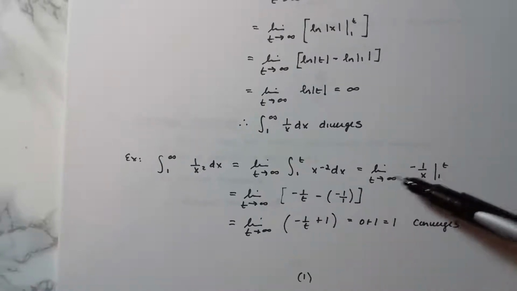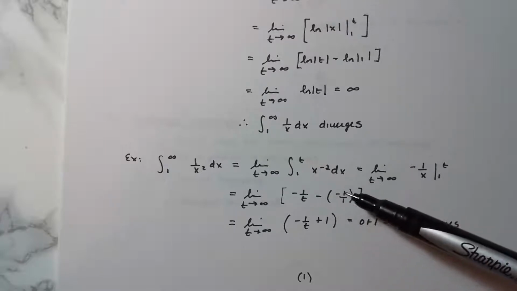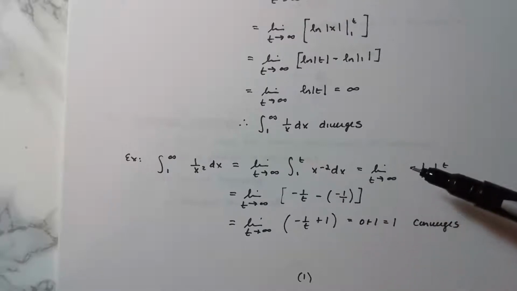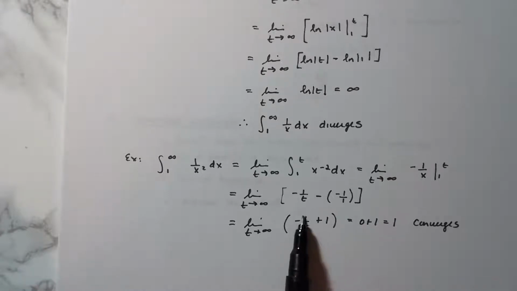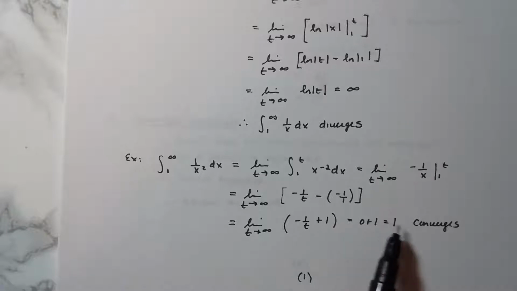If I plug in the t, I get negative 1 over t minus a negative 1 over 1. So we've got the limit of negative 1 over t plus 1. If I plug my infinity in, this becomes 0 plus 1. I get 1, so this converges.